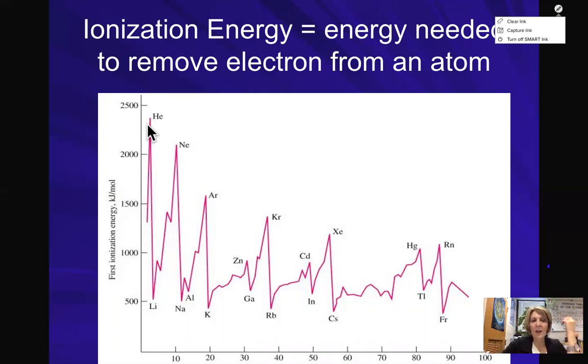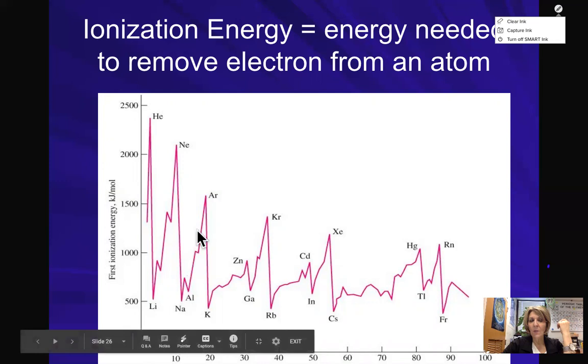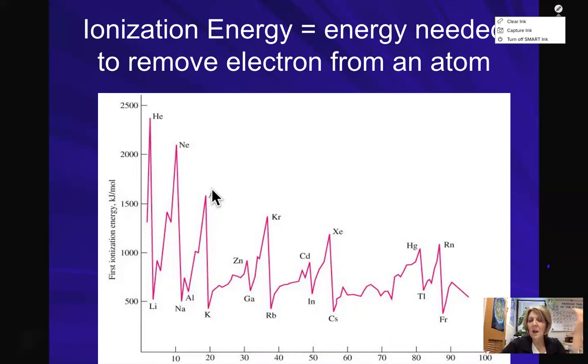As you go from hydrogen to helium, the ionization energy gets stronger. As you go from lithium to neon, ionization gets stronger. Same thing in the third row, from sodium to argon, ionization gets stronger. So we see a repeating pattern as you go across a row of it getting stronger and stronger.